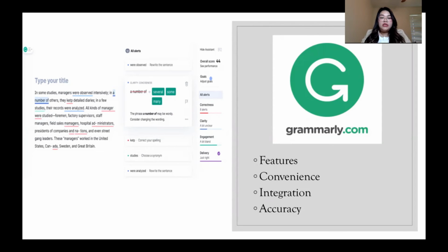You can customize the goal about audience, formality, domain, and tone of the papers. Then it will suggest the replacements for common words based on the standard dictionary. Writers who always work on a phone or different devices could save more time and money by using Grammarly instead of overpaying for a particular browser or word processor.